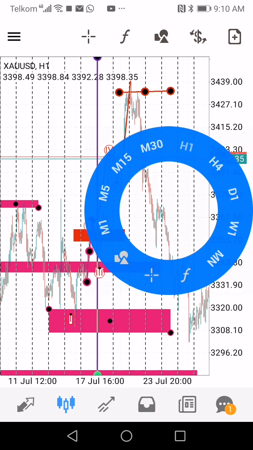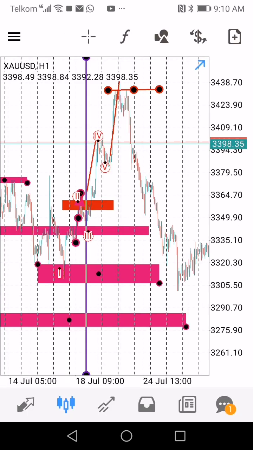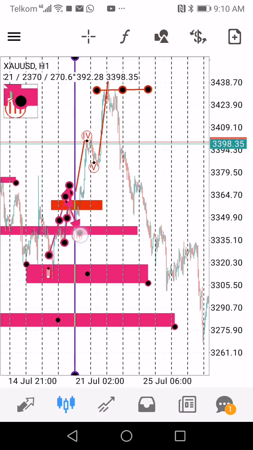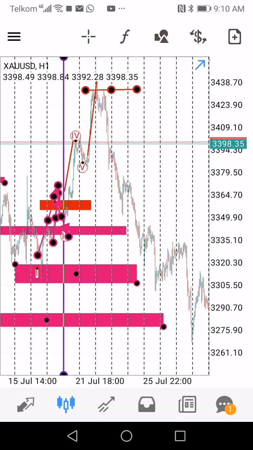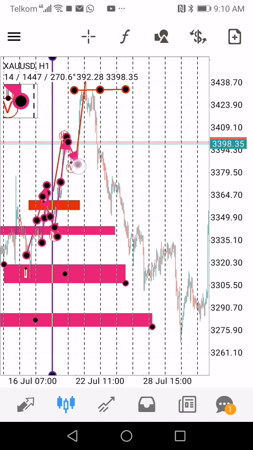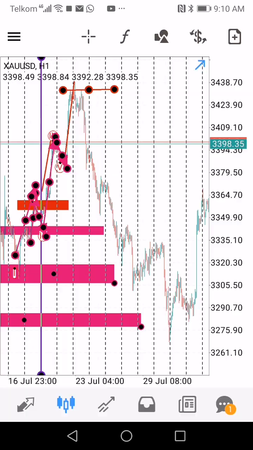Here is wave 1 impulse. Wave 2 pullback. Wave 3 next impulse. Wave 4 pullback. Wave 5 completes the trend. So after wave 5, what can you expect? An ABC correction, or a new impulse will start here.